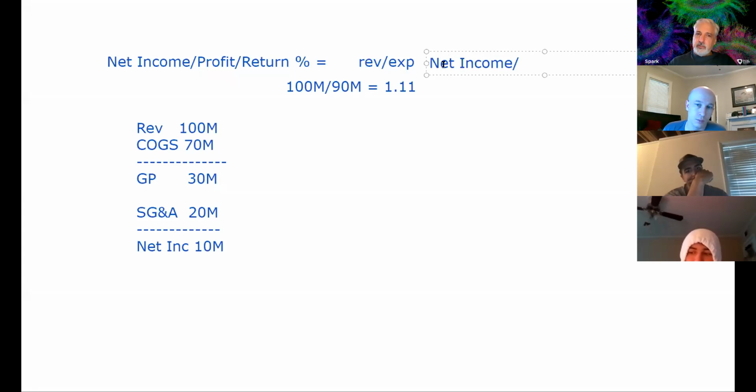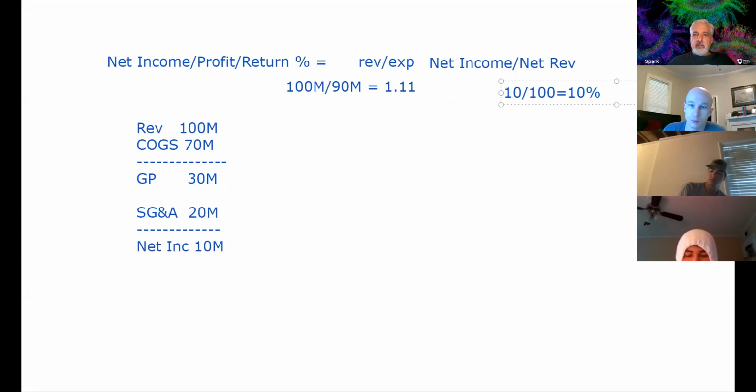Total revenue. I'm going to say net revenue, but here it doesn't matter. But we're going to do net revenue. So let's try that formula. I'm going to go with net income of 10 million divided by 100 million. The millions cancel out anyways, and I get 10%. Is that a better net income percentage or return or profit?